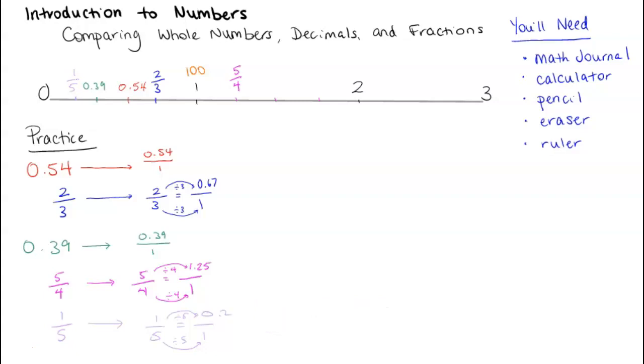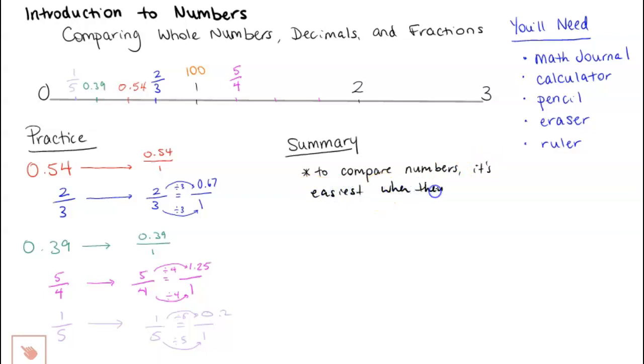So let's make a little summary note here. And this is something I would like you to write down in your math journal as well. So for our summary note, we want to figure out how to compare whole numbers, decimals, and fractions. So to compare something, it's easiest when they have the same denominator.